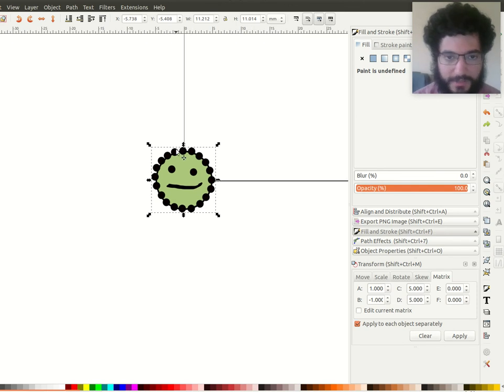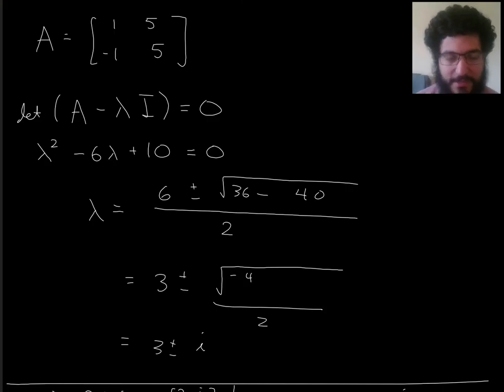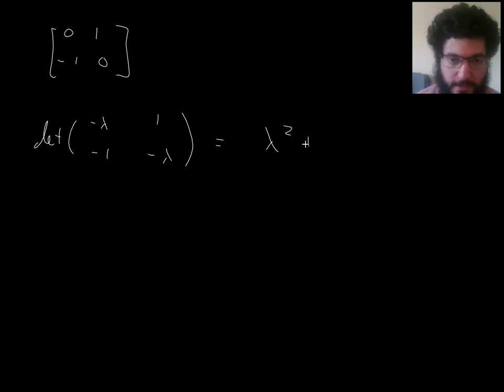Probably I should make these have different colors so that you can follow along. But maybe what's actually easier is to look at a simpler example of a matrix with complex eigenvalues and eigenvectors. How about just a 90-degree rotation like this? If you get the characteristic polynomial for this matrix, it'll be the determinant of this, which is lambda squared plus 1.